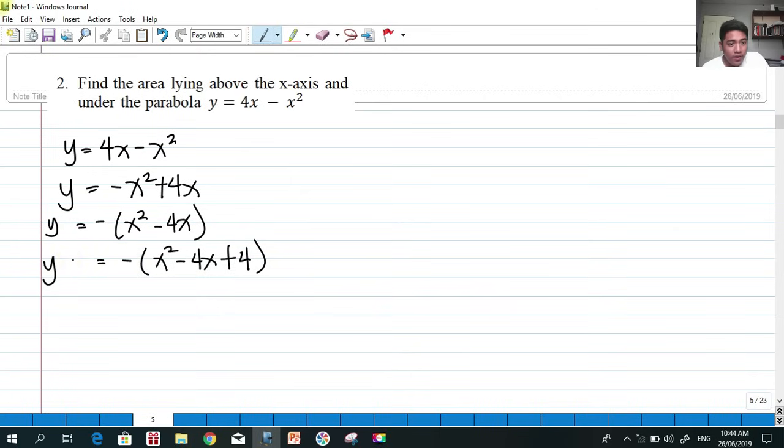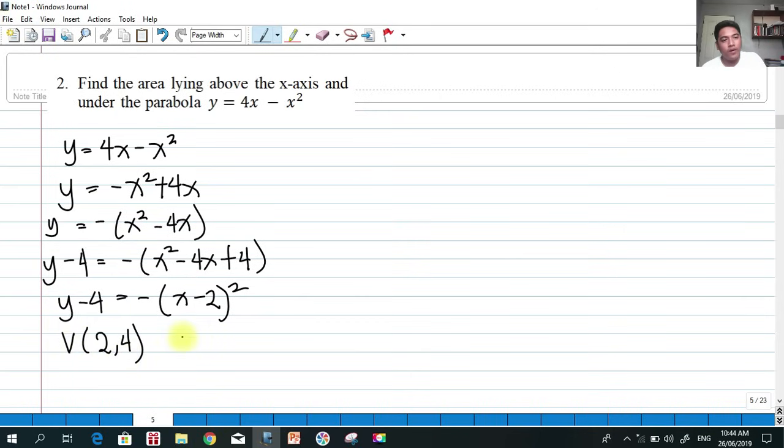So here, we will subtract 4 even though we add plus 4 here, because we have a negative here. Okay, and then y minus 4 is equal to negative, factored form, x minus 2 squared. Now, we have a parabola opening downward. So we have the vertex of the parabola as (2, 4). This is a parabola opening downward.